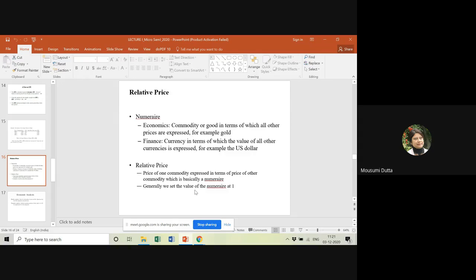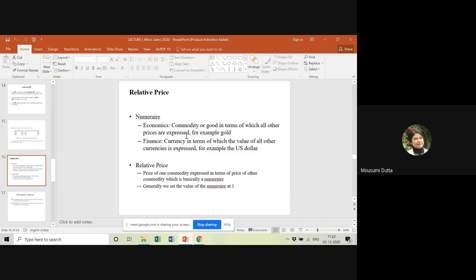Now, when we consider the relative price, one other important concept comes into the scenario: the notion of numeraire. In economics, commodities or goods are presented in terms of other goods, or a commodity in terms of which all other prices are expressed.